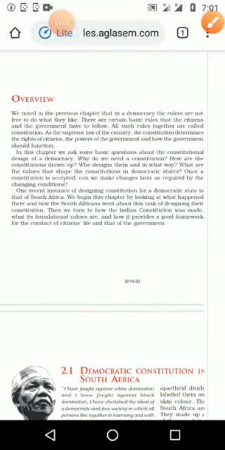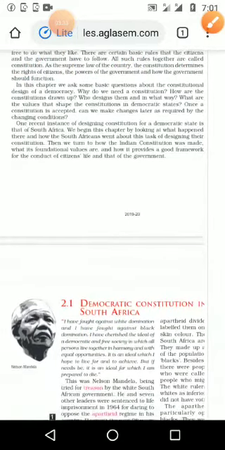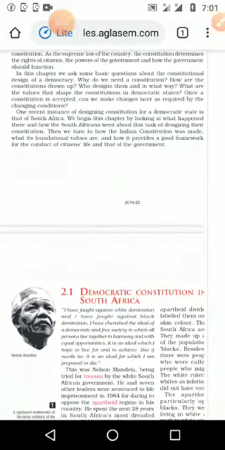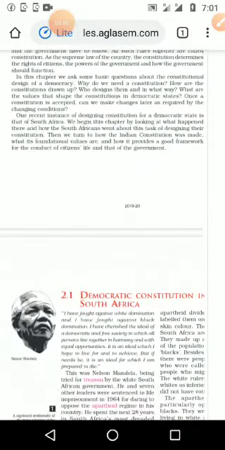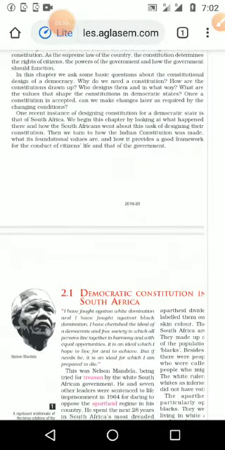Then in this chapter we ask some basic questions about constitutional design of a democracy. We are going to ask some of the questions related to design of a democracy. Why do we need a constitution? Why we should have some constitution or some basic rules or supreme law? And how are the constitution drawn up?